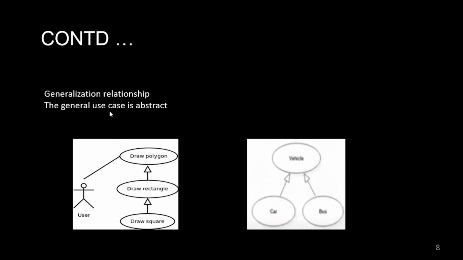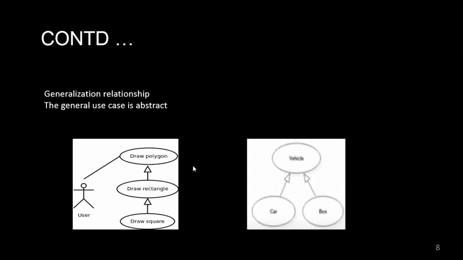In this, we are allowing the user to draw polygons. So we could have a use case draw polygon. Now rectangle is a particular instance of that polygon, having four sides at right angles to each other. So the use case draw rectangle inherits the properties of the use case draw polygon and overrides its drawing method.